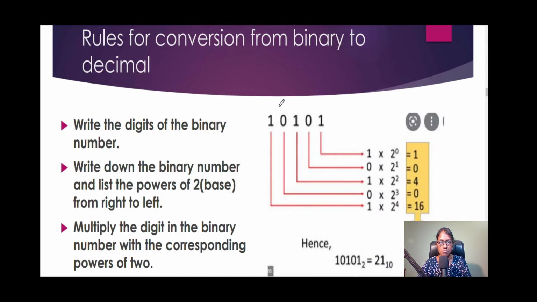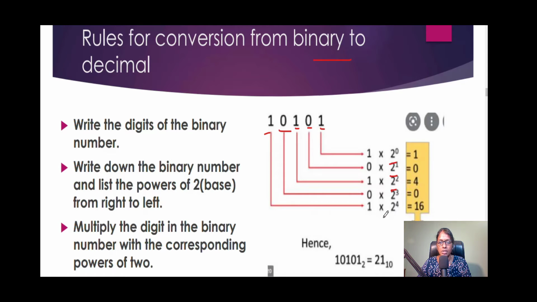The rules for conversion from binary to decimal: first, write the digits of the binary number. This is the binary number 10101. Then list the powers of 2: 2 power 0, 2 power 1, 2 power 2, 2 power 3.